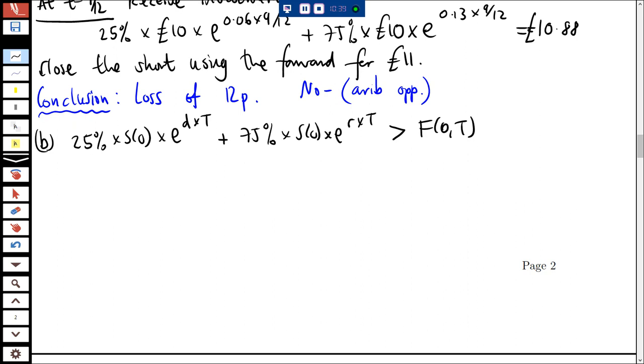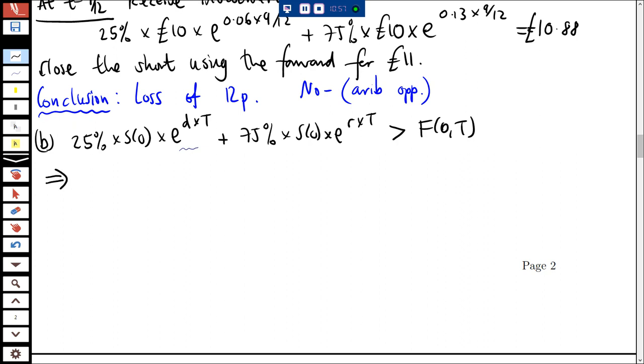Okay, so if we rearrange for D, okay, so D is in here.